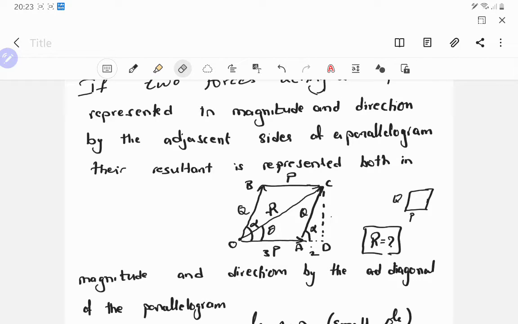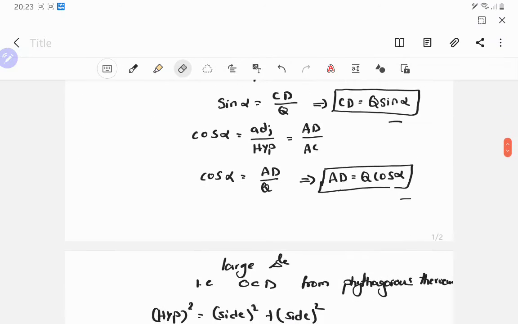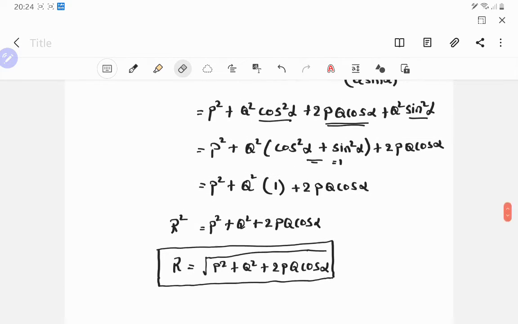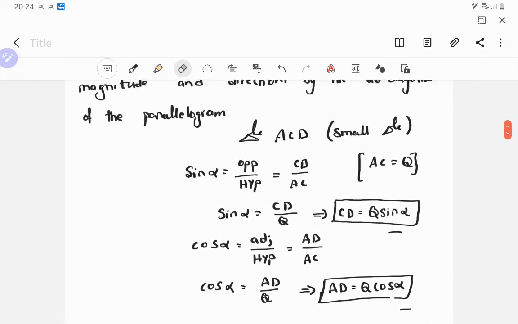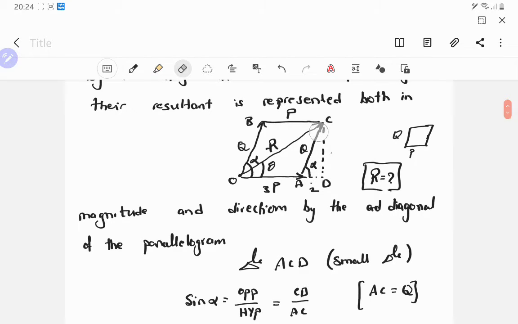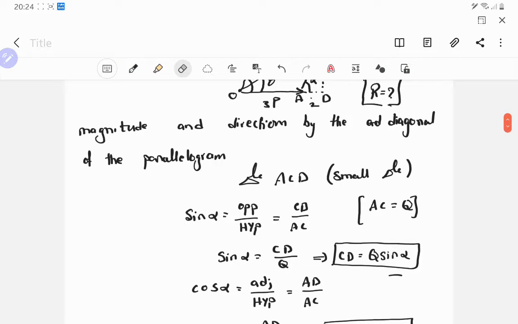If we take these two forces, their resultant must be in the middle. That means the resultant is the effect of the two forces, the force P and the force Q, and R is the resultant of those two forces. So the value of that resultant is R equal to root over P square plus Q square plus 2PQ cos alpha. For this, first I took a small triangle ACD, and from that I used sin alpha and cos alpha.